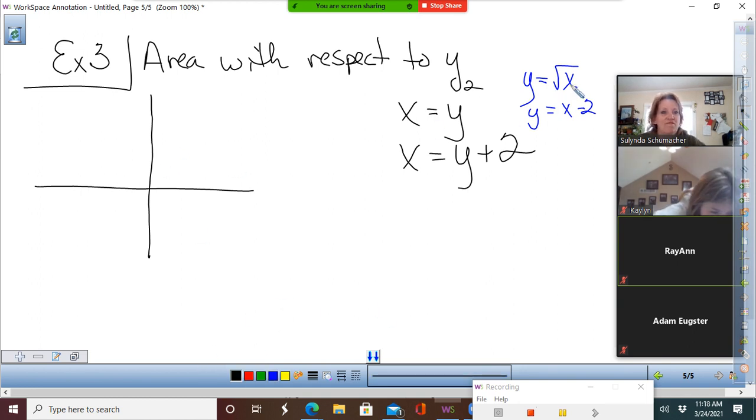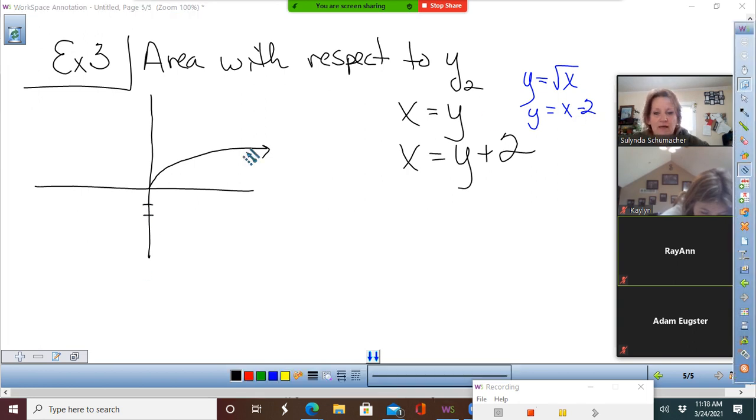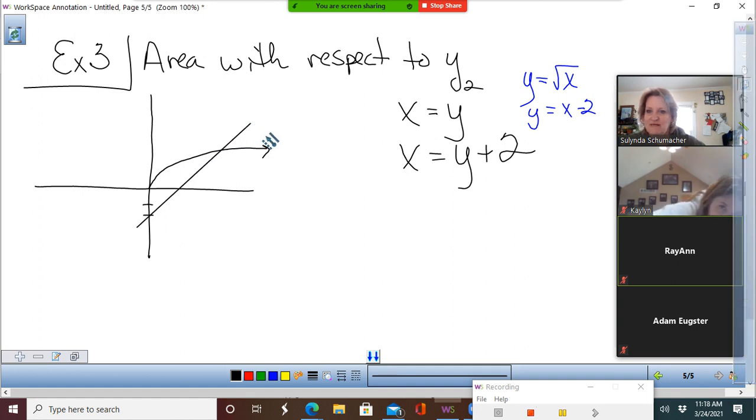So graphing this one, that's just the square root, starts at 0 and does this. And then the other one is a line that technically would come down by 2 and would go up and over 1. So something along this line.